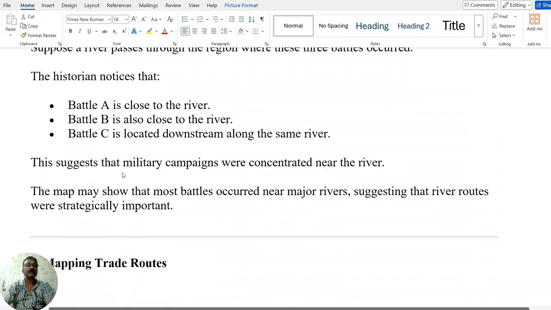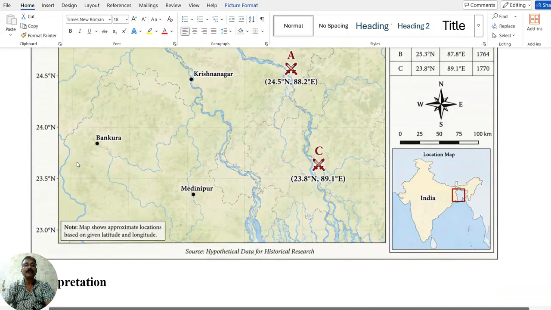So this suggests that military campaigns were concentrated near the river. The map may show that most battles occurred near major rivers, suggesting that river routes were strategically important. In this way, historians can explain the map.